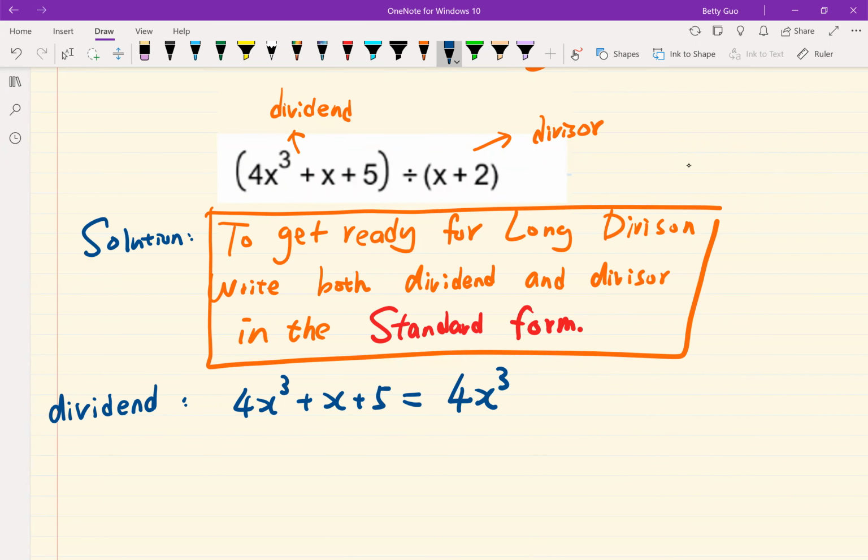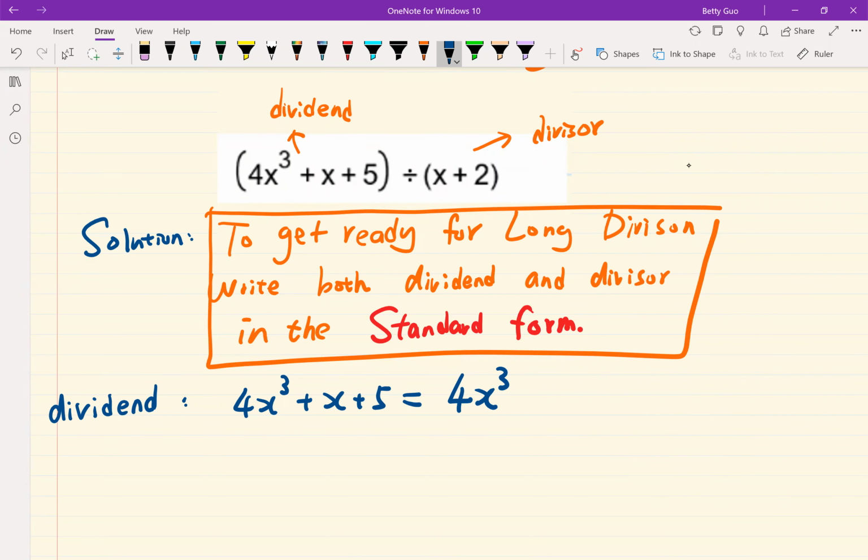Do we have a degree 1 term? Do we have a degree 0 term? A single constant is a monomial with degree 0. Now the dividend is in the standard form, right?